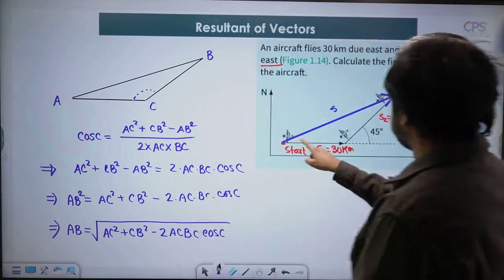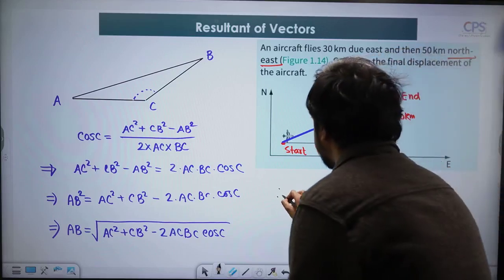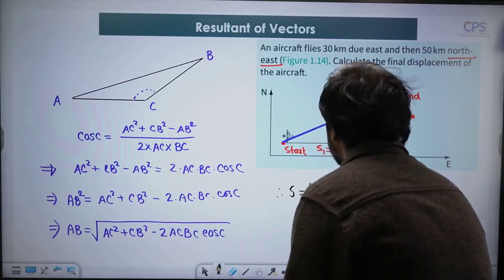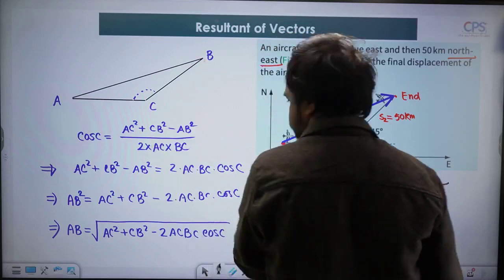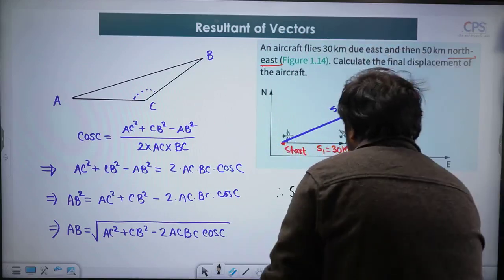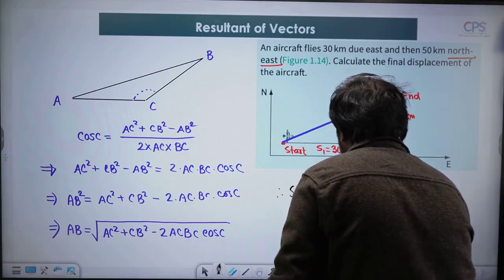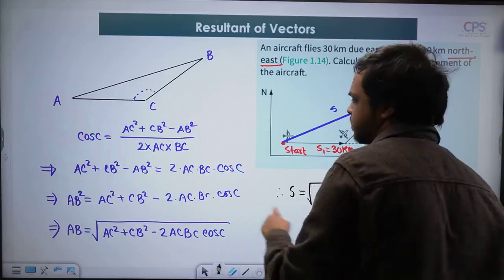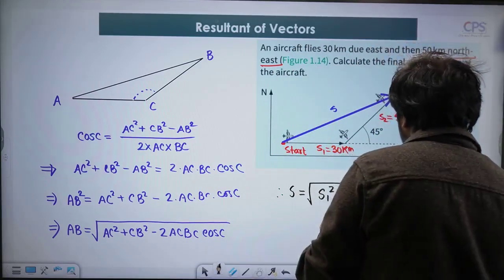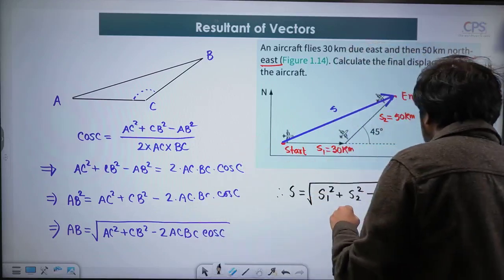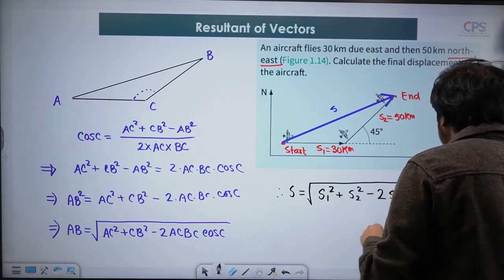So right now back to here. If you want to get S, what do you need to do? Root over AC square plus BC square, so S1 square plus S2 square minus 2 AC, where AC means S1 and BC means S2, times the cosine of that angle.